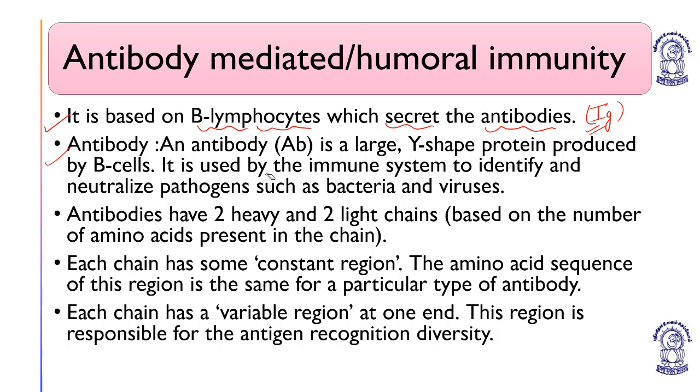An antibody is a large Y-shaped protein produced by B cells, also known as immunoglobulins. It is used by the immune system to identify and neutralize pathogens such as bacteria and viruses. Understood?